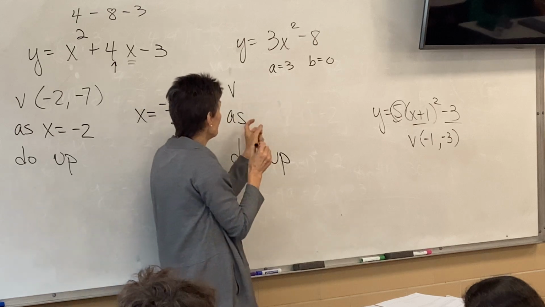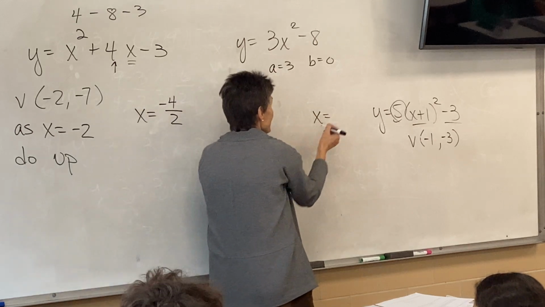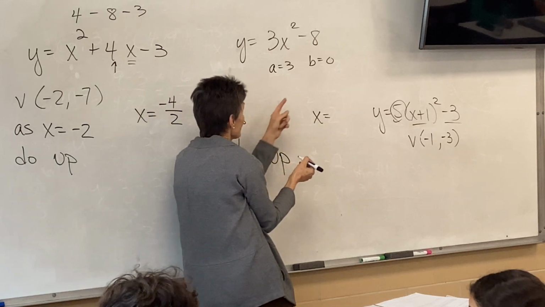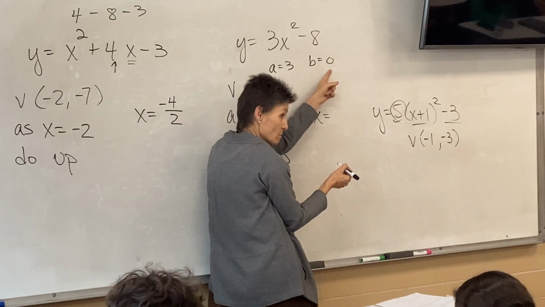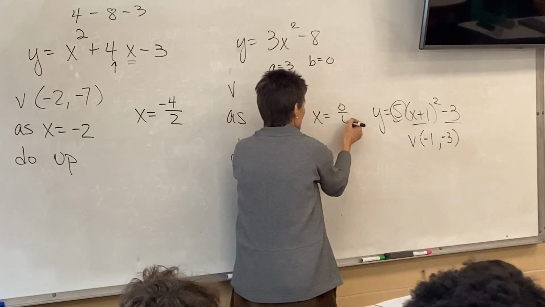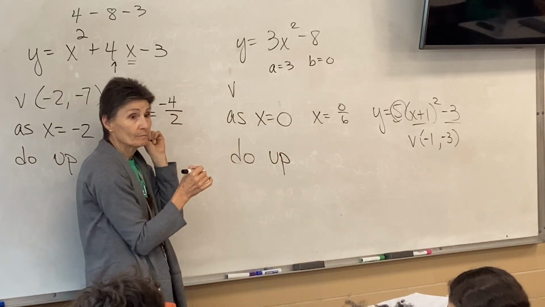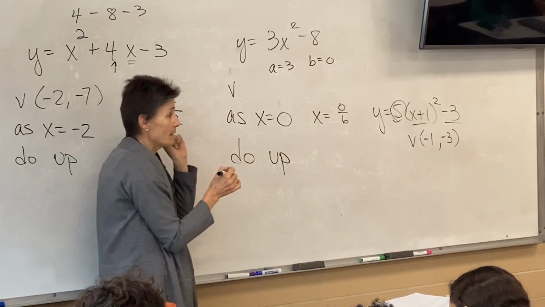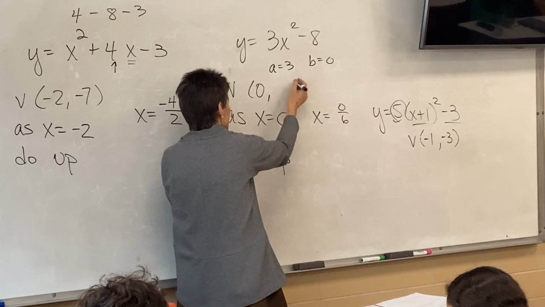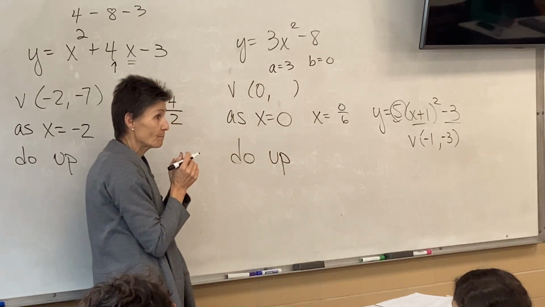So when I do negative B over 2A, it's 0 over 6, which is X equals 0. So my vertex is 0, comma, 0.